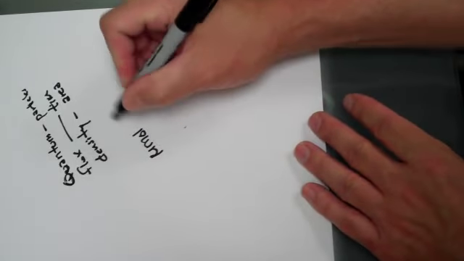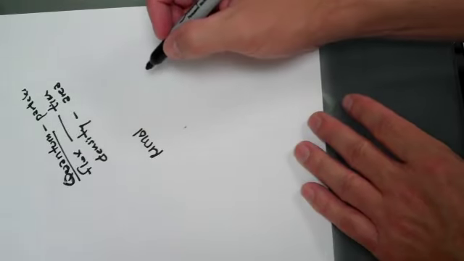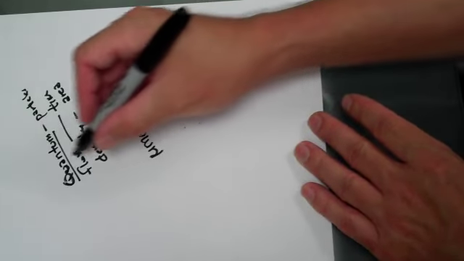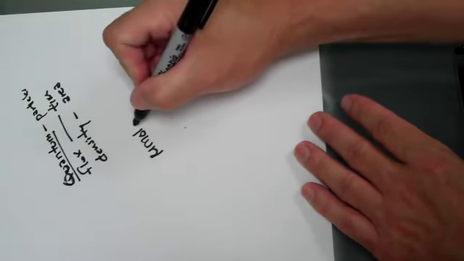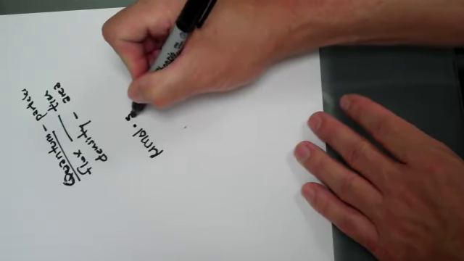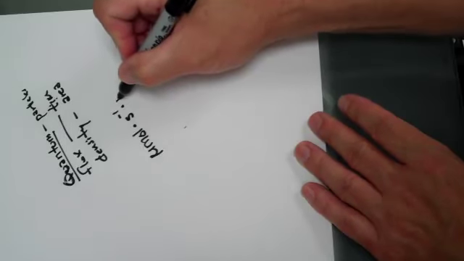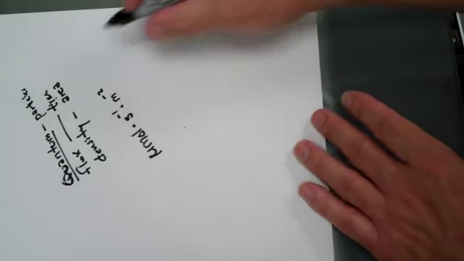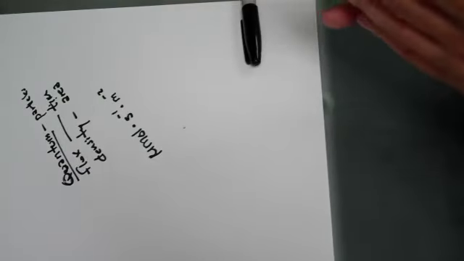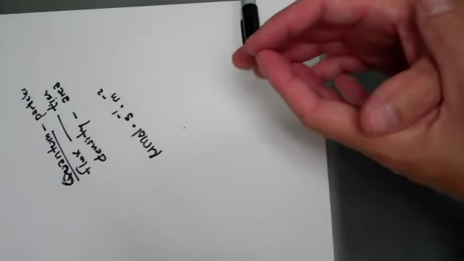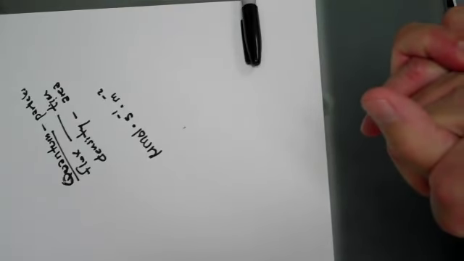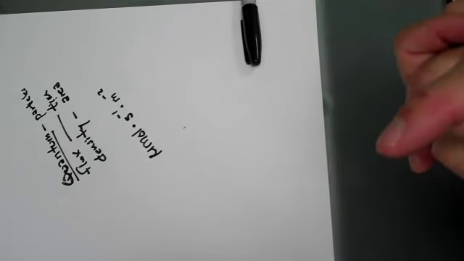A micromole relates to the number of particles. Micromole per second, there's the time, per square meter, there's the area. So we're really measuring the number of light particles striking a square meter every second. So it's sort of a single second measurement.